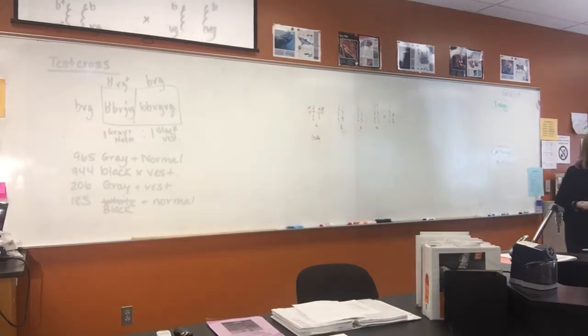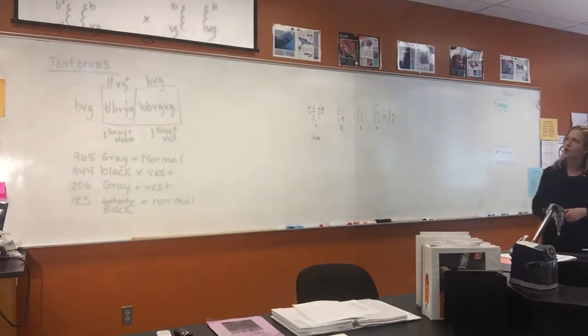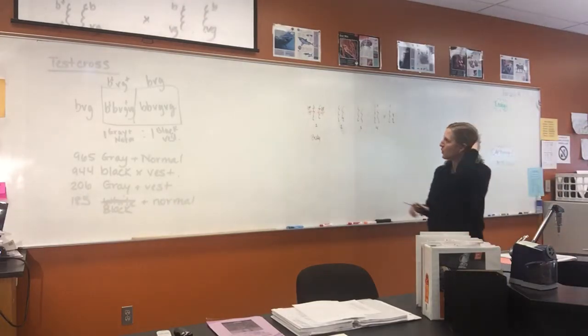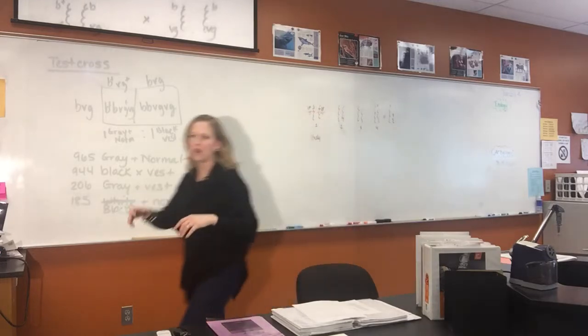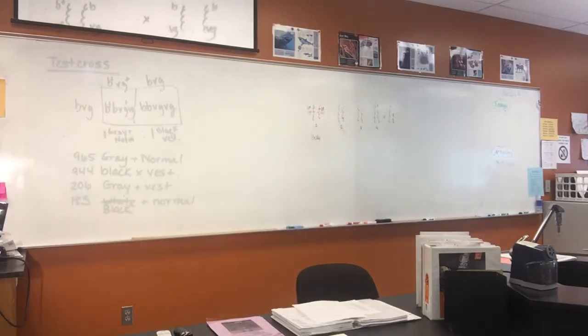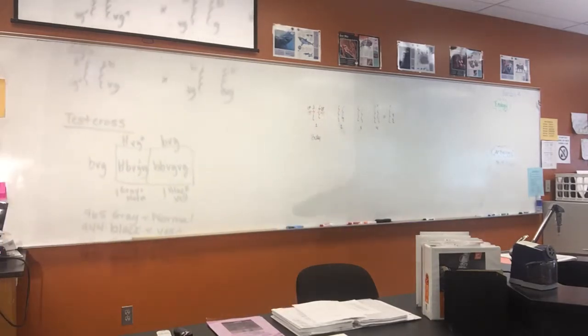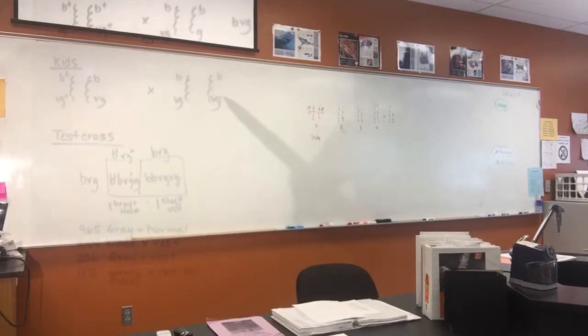Crossing over. So in what parent would crossing over have had to happen? This parent or this parent? The heterozygous parent. Let me go over and explain that and review that with everybody.